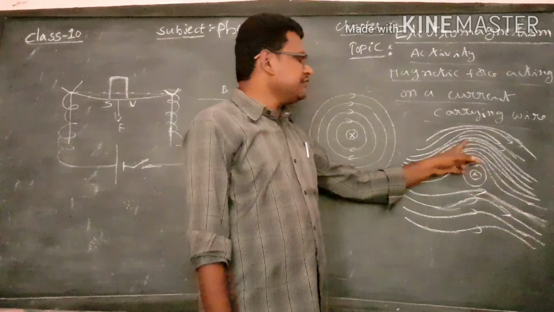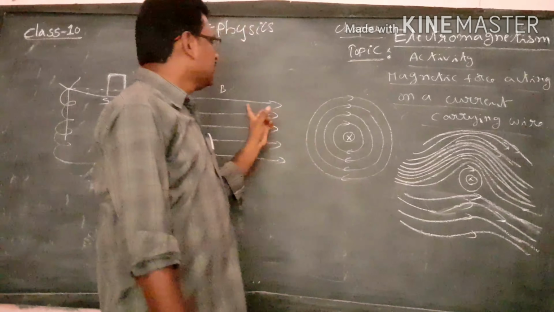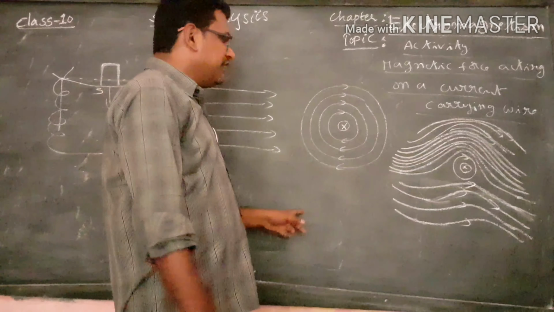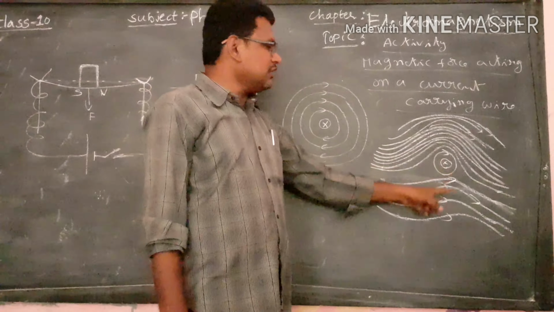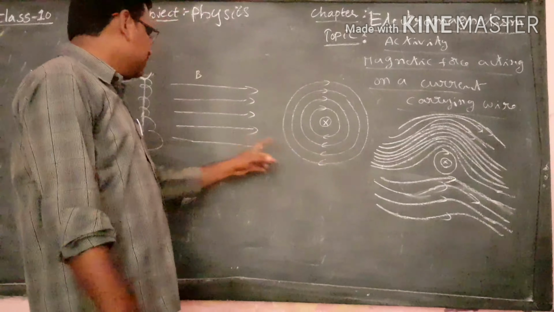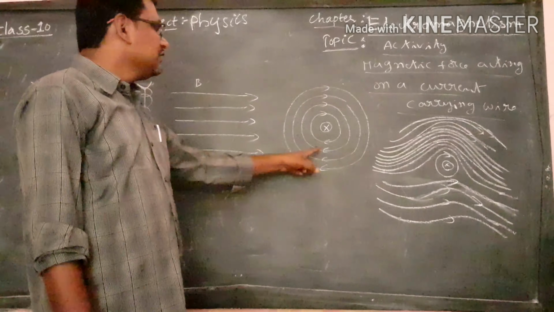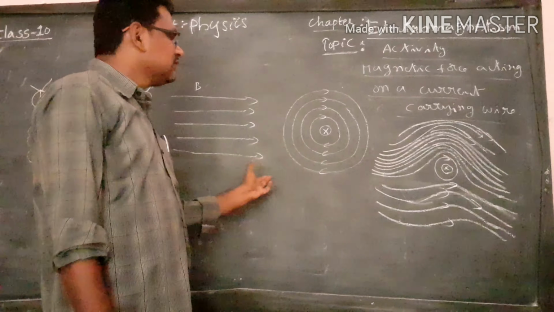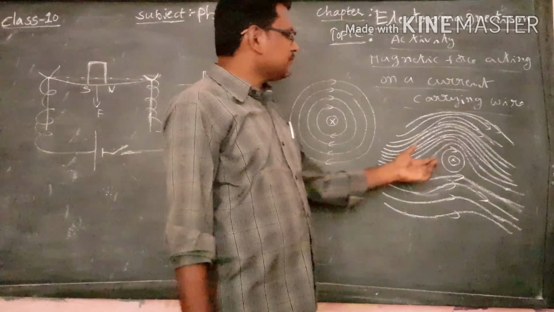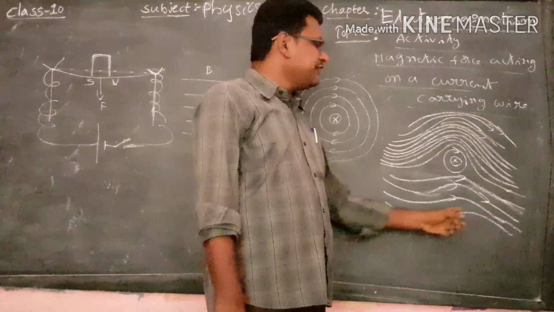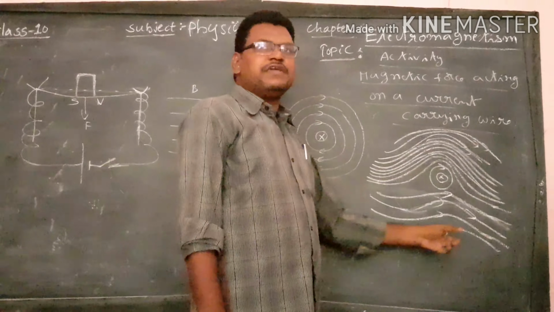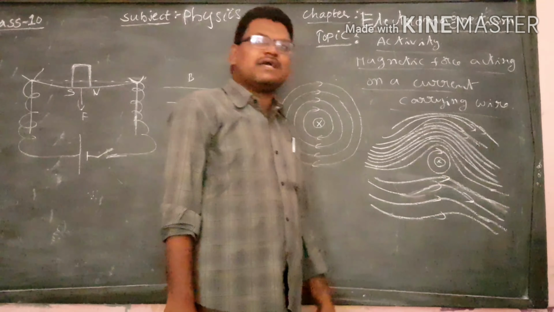In the upper part of the wire, these two magnetic fields add up, whereas in the lower part, these two magnetic fields are in opposite directions, so they subtract.